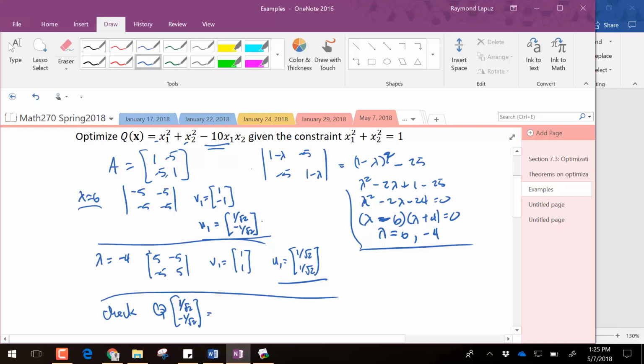So that's 1 over root 2, that's 1/2, plus they're squared, so it becomes positive, that's 1/2, minus 10 times negative 1/2, right? Because one's positive and then one's negative. So what do we have? Well, this is a positive, so 5 plus 1 is 6.